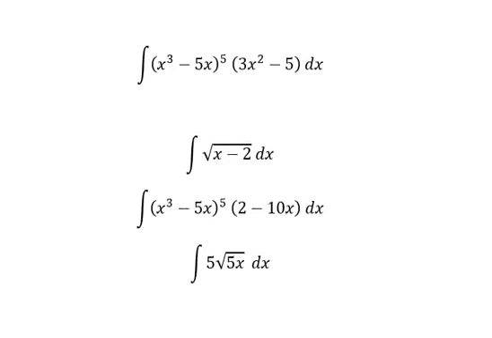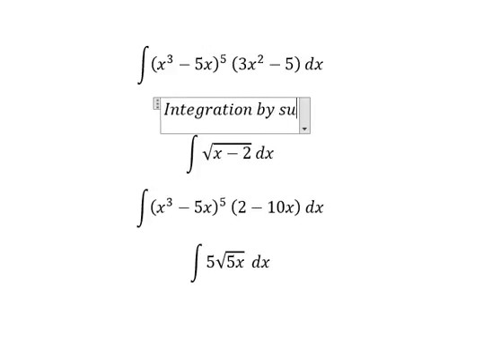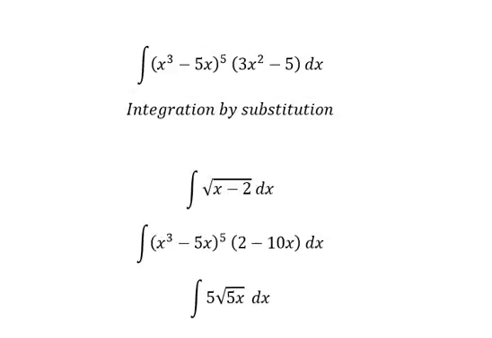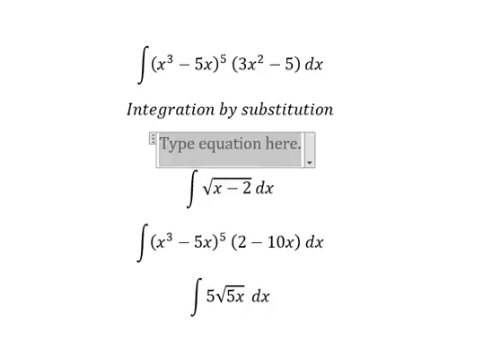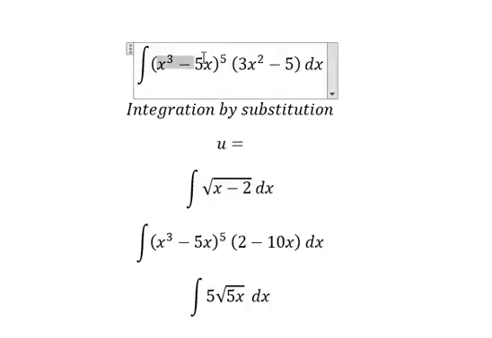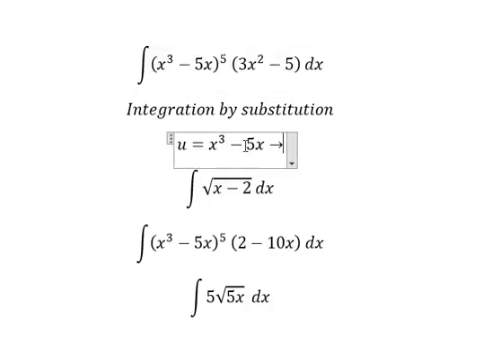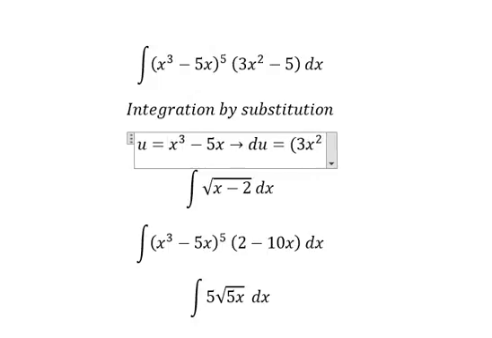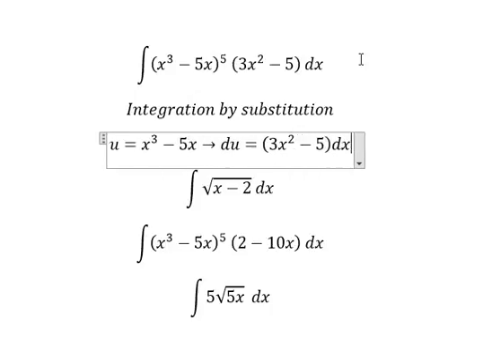Next, we need to use integration by substitution. So I will put u equals this one. Later we take the first derivative of both sides. The first derivative of s to the power of 3 is 3s squared. The first derivative of s is 1, so we have negative 5.